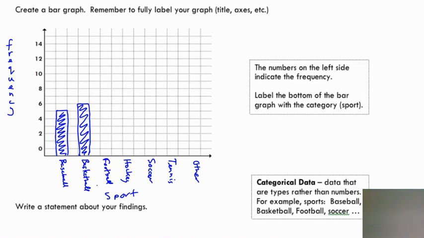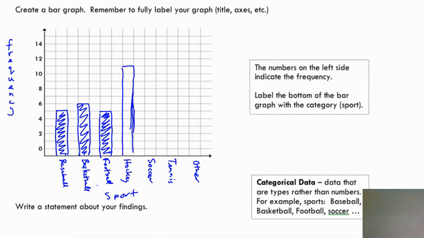Okay, football went to 5. So we're making bars. That's why it's called a bar graph, these vertical bars that go up. We went up to 11 for hockey.